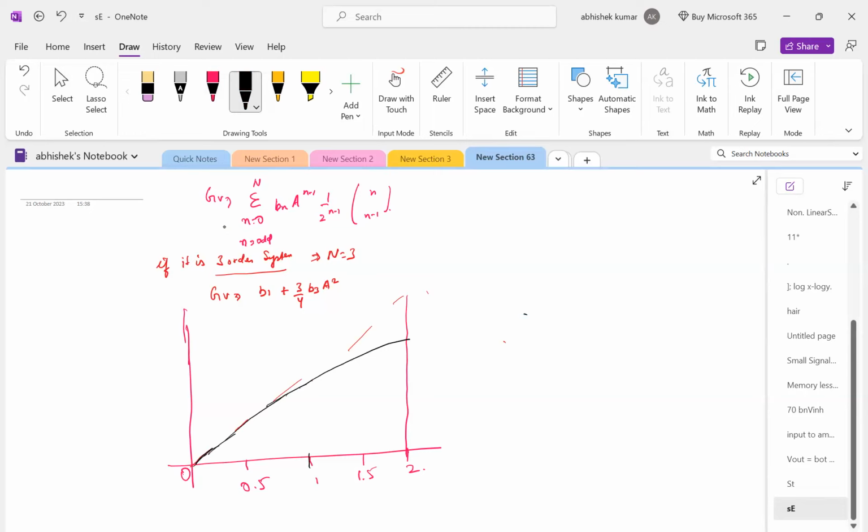The diagram shows the gain equal to 10 minus 0.6 A square.